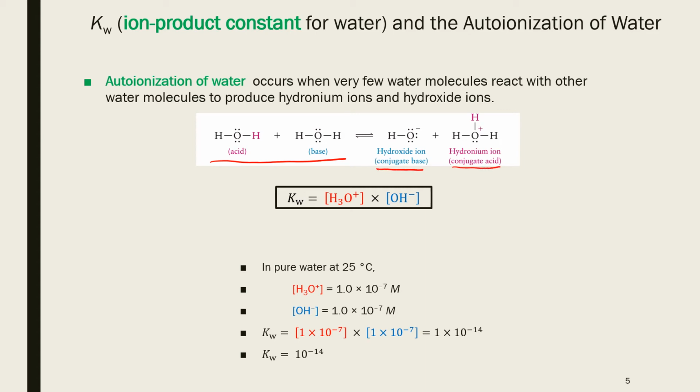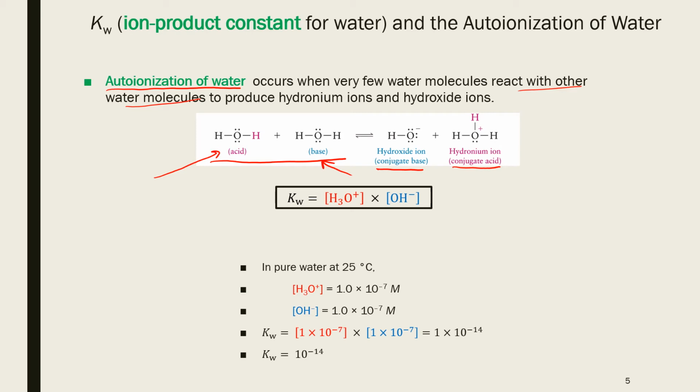This is known as autoionization of water. Autoionization of water occurs when very few water molecules react with other water molecules to produce hydronium ion and hydroxide ion. So essentially, in this reaction, water itself is acting as an acid as well as a base.